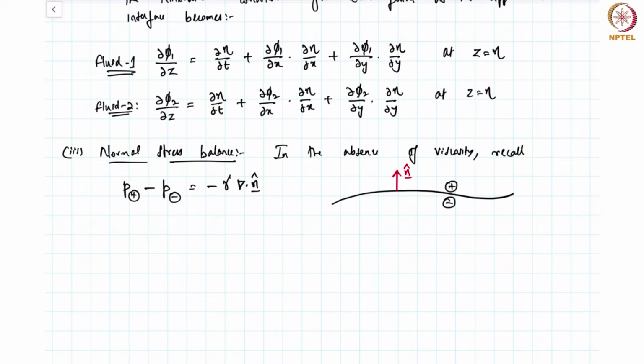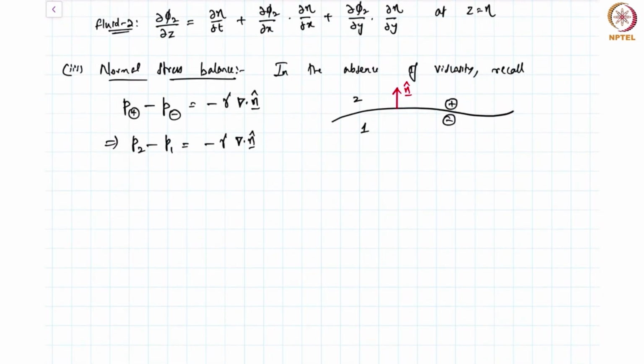In our case, the lower fluid we call fluid 1 and the upper fluid we call fluid 2, and therefore we simply have P2 minus P1 is minus gamma times del dot n.